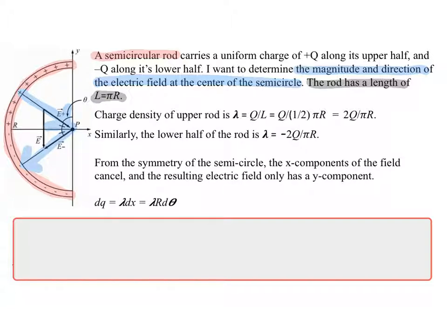Now what we didn't show or state explicitly is, why is the net electric field this way? Well, basically, the x parts cancel.